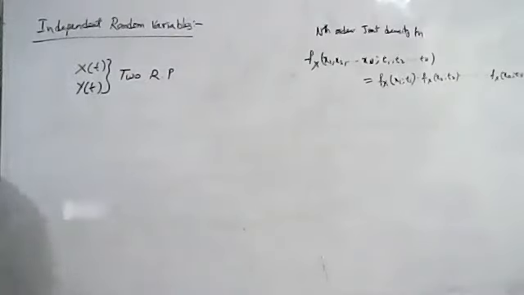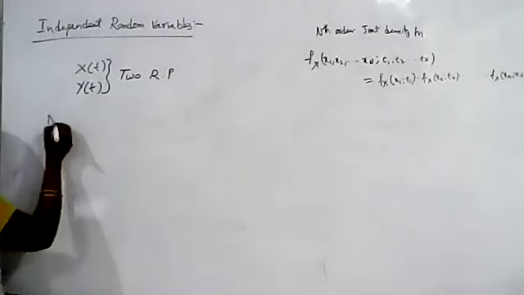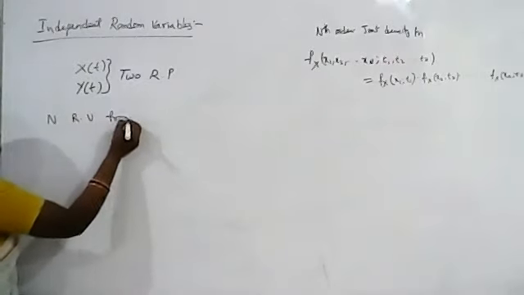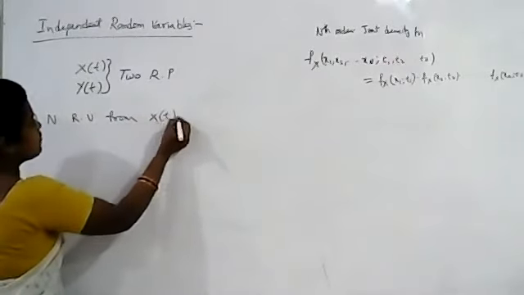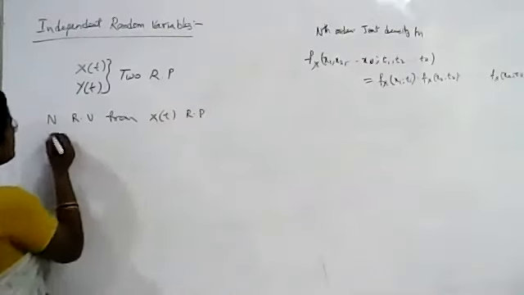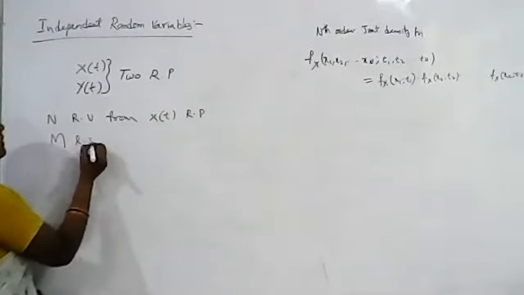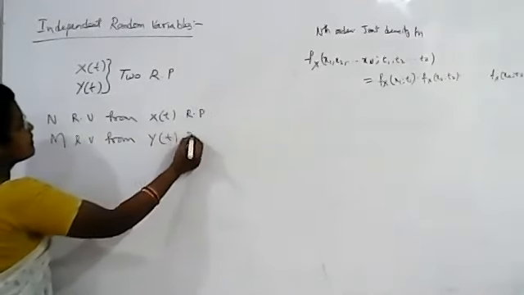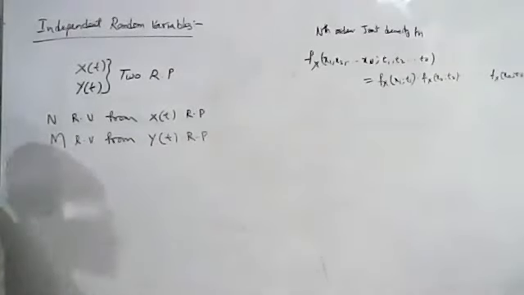Now we are getting n random variables from the random process X(t) and m random variables from the random process Y(t). We have to remember that for random processes we use capital letters, capital X and capital Y.